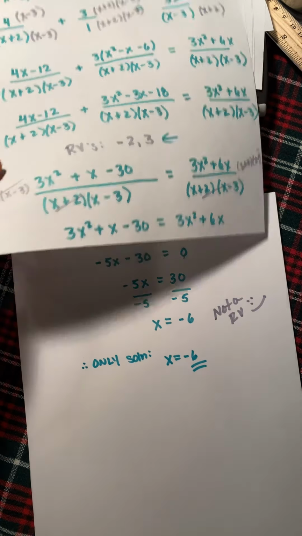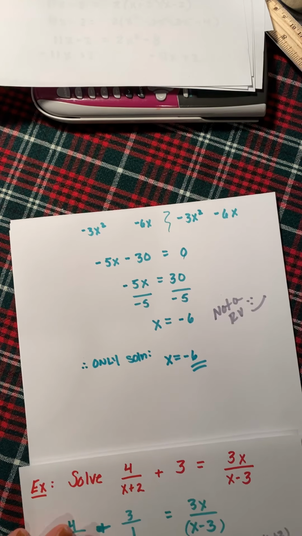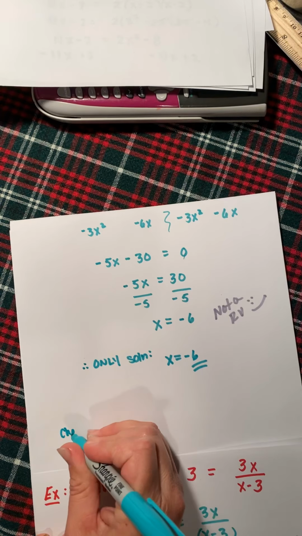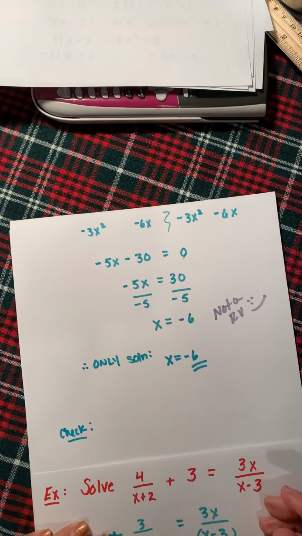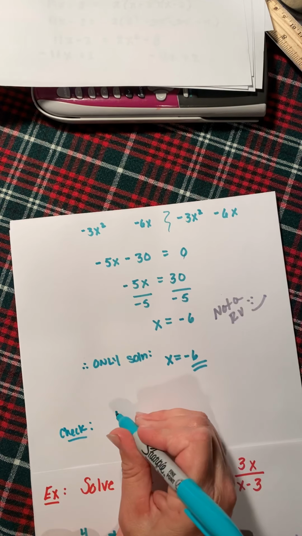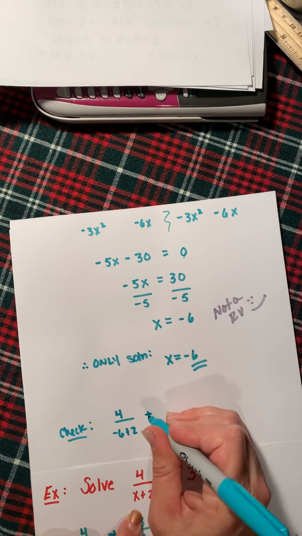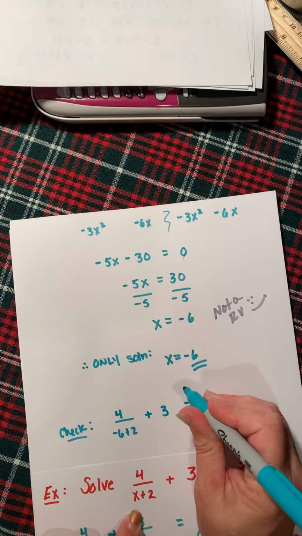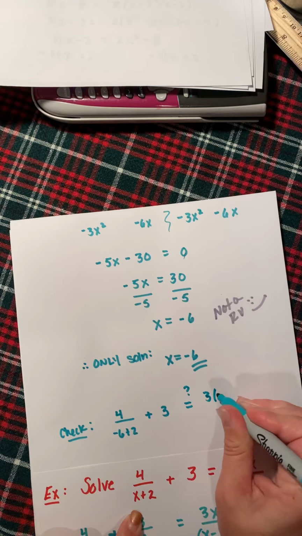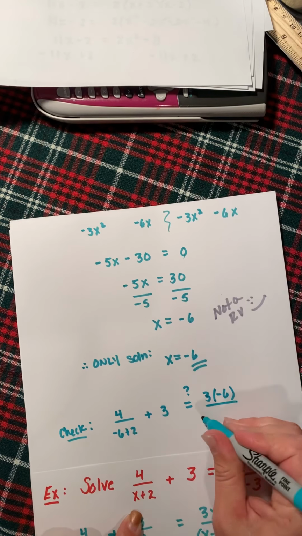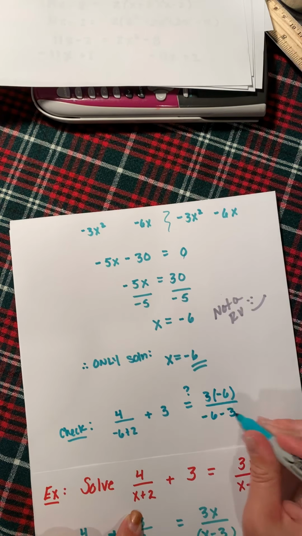We can go back there and check. Let's check this one. Remember, check in the original. I'm going to put negative 6 wherever I see x. 4 over negative 6 plus 2, plus 3. Does that equal 3 times negative 6 all over negative 6 minus 3?